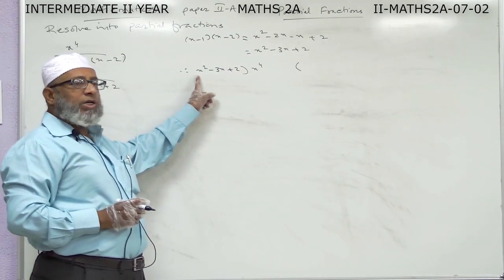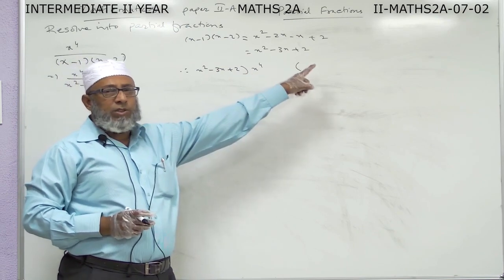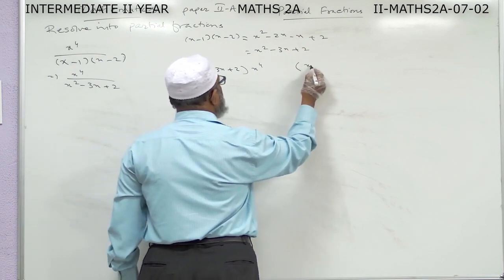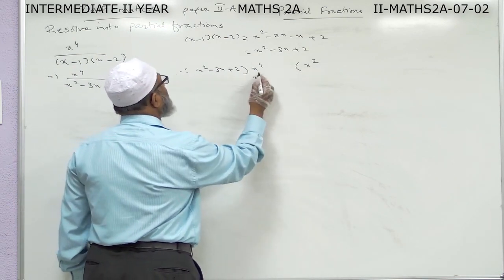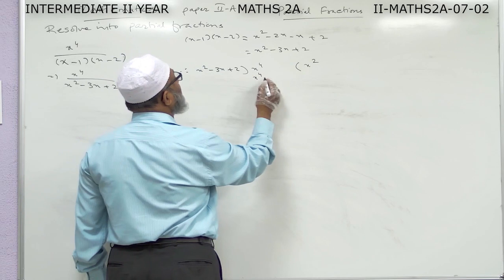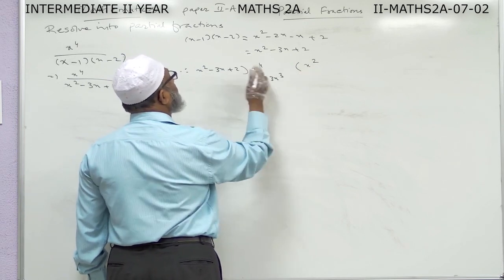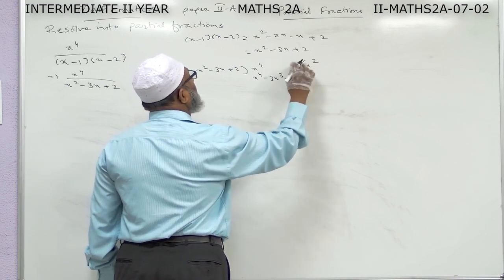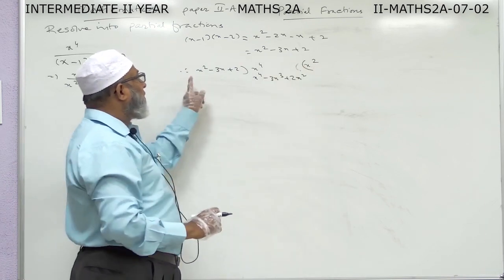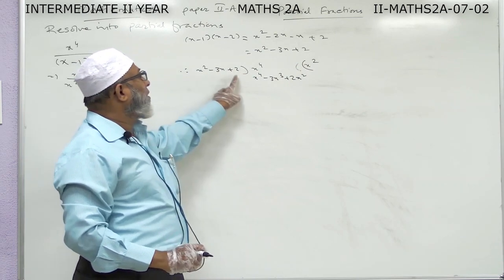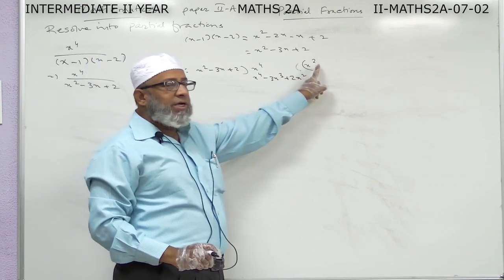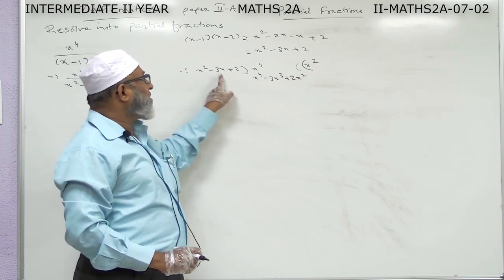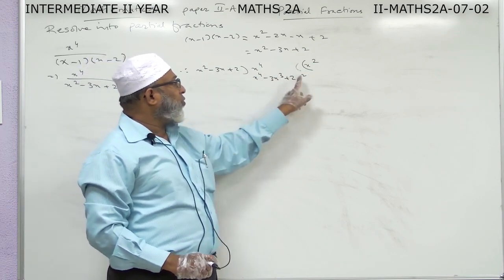What happens here? x square is there, here x to the power 4 is there. I have to multiply by x square so that on multiplying this, I will get x to the power 4. So multiplying by x square into x square, that is x to the power 4, x square into this minus 3x cube, x square into 2 is 2x square.